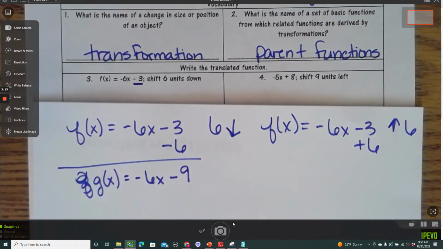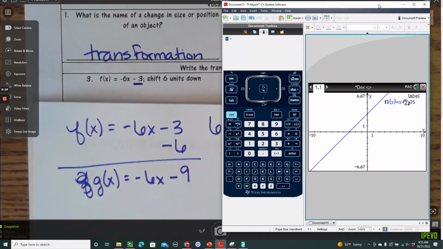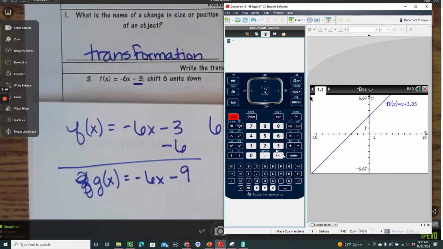And so if I graph those two lines so you can see how they move. My original function, negative 6x minus 3, that's where we started. And I can open it up again, and I can do negative 6x minus 9.